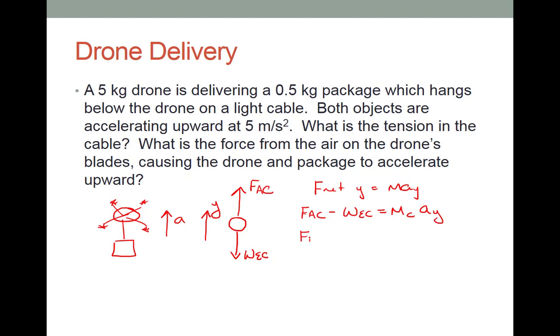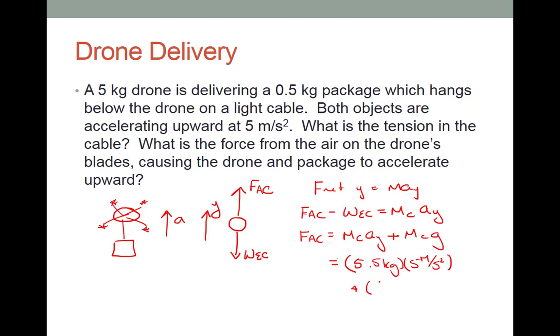F_AC is what I want to know, so F_AC will equal the combined mass times the acceleration plus, and now I'm going to rewrite the weight in terms of the combined mass times the acceleration due to gravity. So the combined mass is 5 kilograms plus 0.5 kilograms, so that's 5.5 kilograms. It's accelerating at 5 meters per second squared.